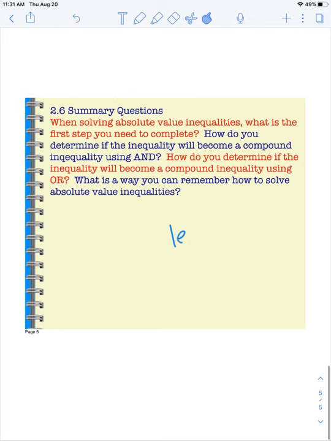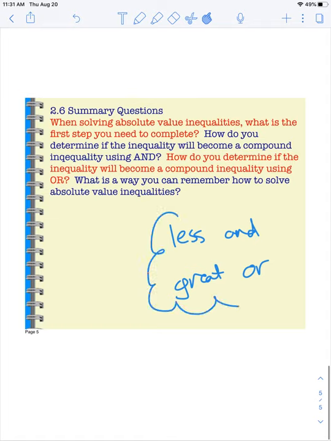Key wording here, "less and great or." If it's a greater than or equal to sign, it's an or compound inequality. If it's a less than sign, it's an and compound inequality. And what is a way you can remember how to solve absolute value inequalities? Right here, "less and great or."